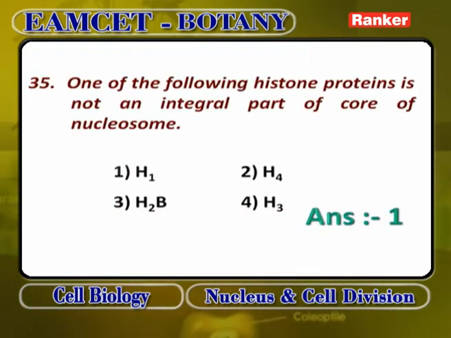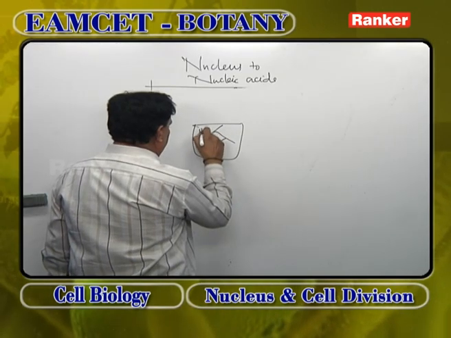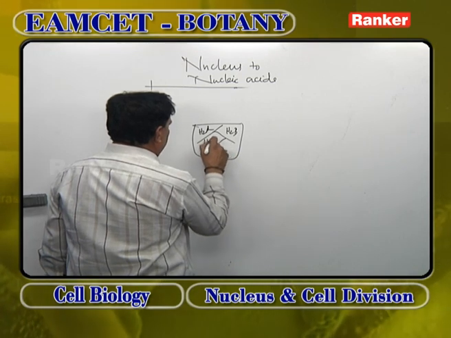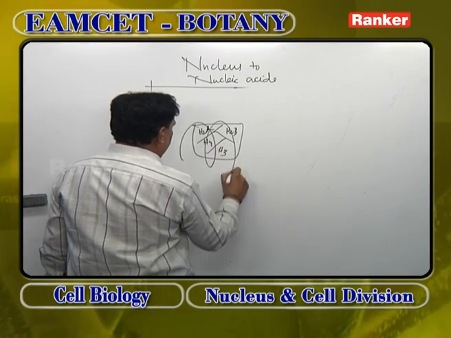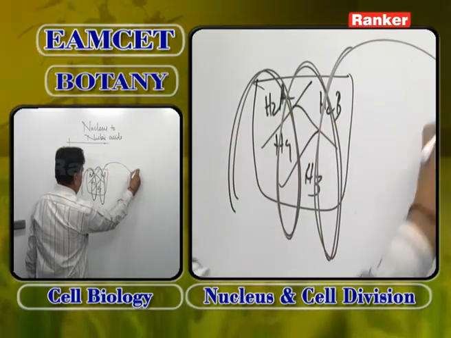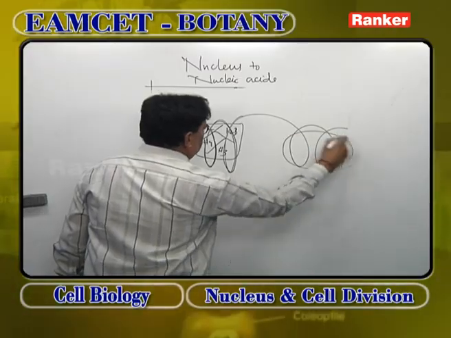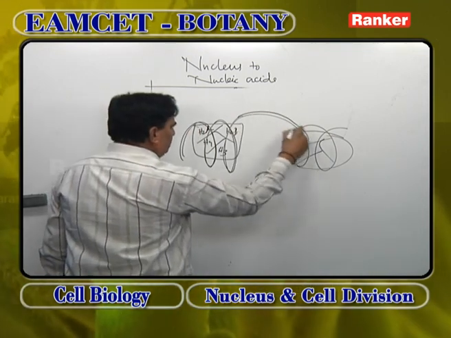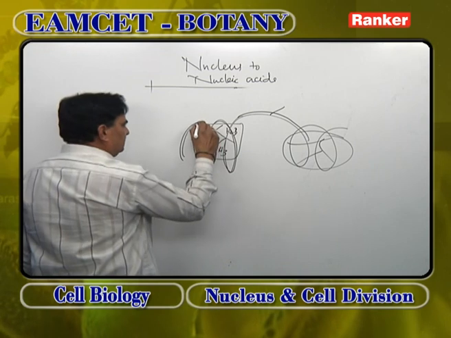One of the following histone proteins is not an integral part of the core of the nucleosome. Just now I told, nucleosome is a combination of a pair of H2A, H2B, H3, H4. It shows supercoiling of DNA, 2 spirals, and it will enter another central core with H2A, H2B, H3, H4. This is called internucleosomal DNA or spacer DNA.